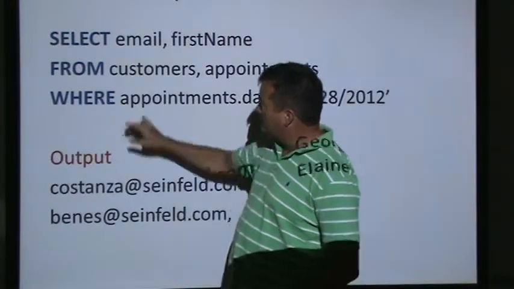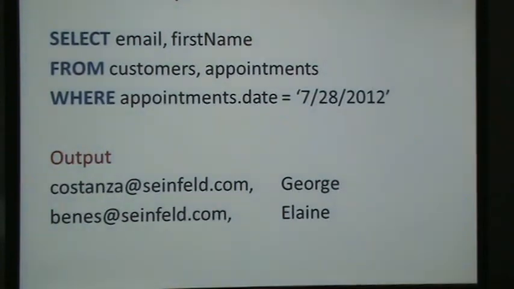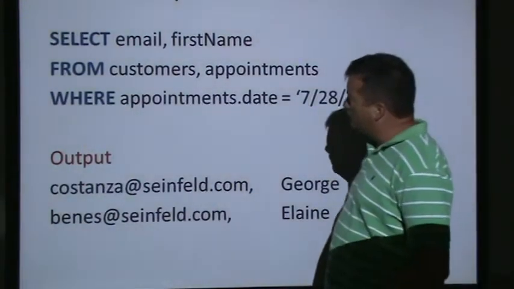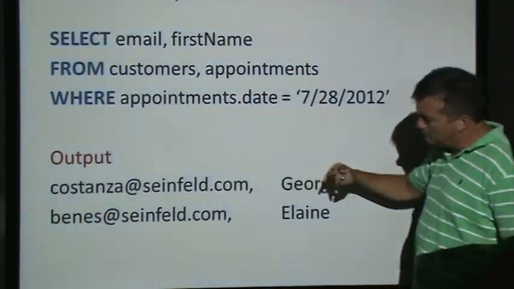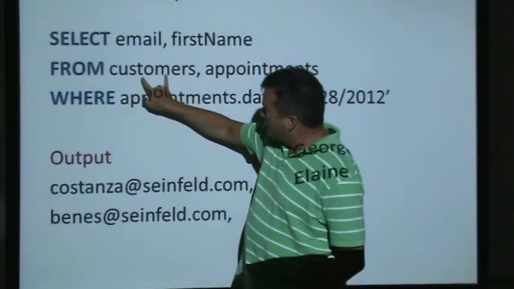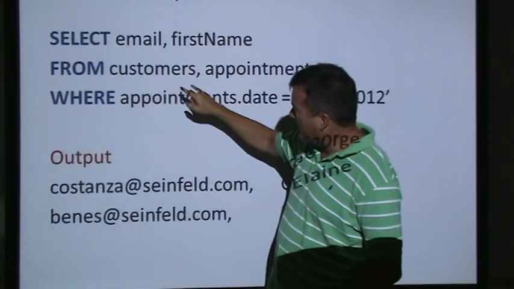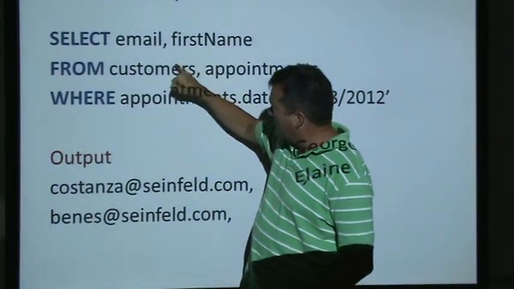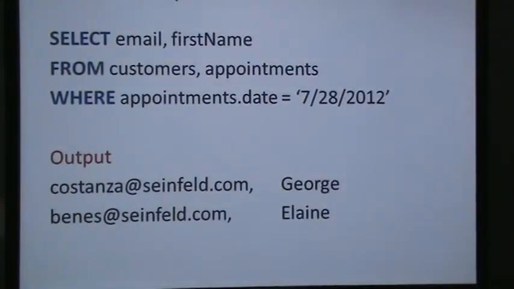So you could say, I want the email addresses and the first names of all from my tables called customers and appointments. We'll discuss how to create and design databases later, but maybe there's a customers table and an appointments table, and in the customers table we might have the first name and the email address might be in the appointments table.